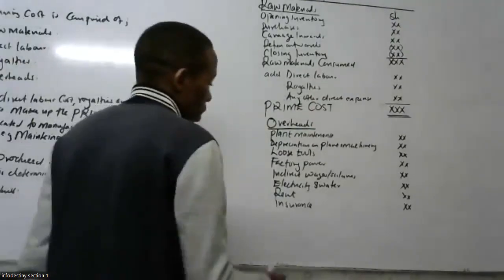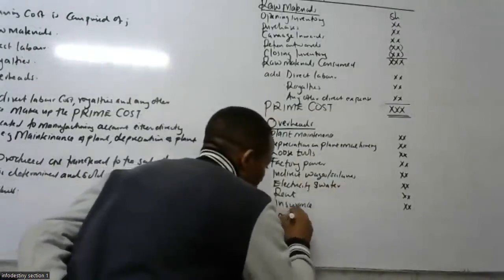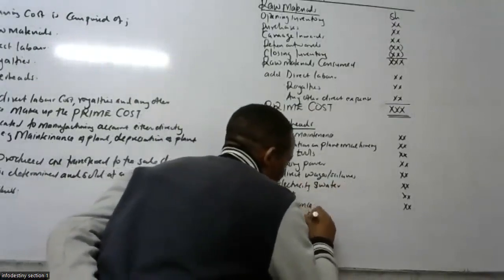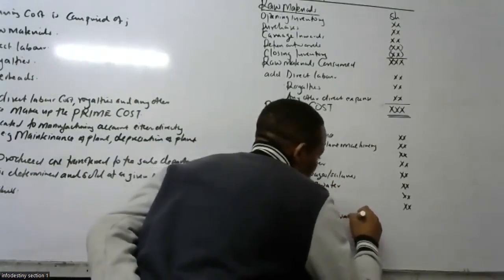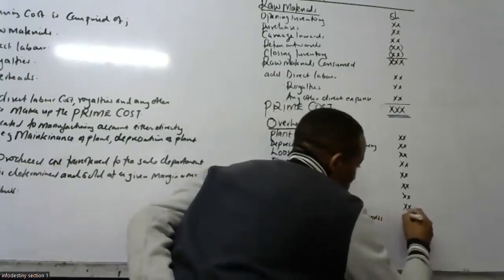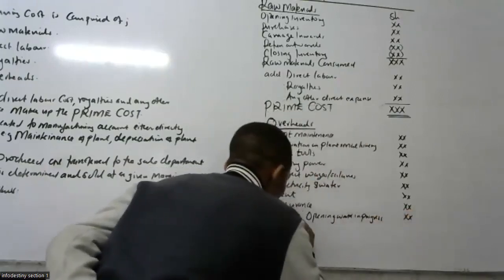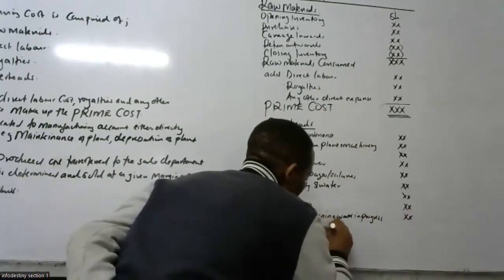So I was just saying that they can be as many as possible or even as few as possible. Then from there you add the opening work in progress. Then you deduct the closing work in progress.